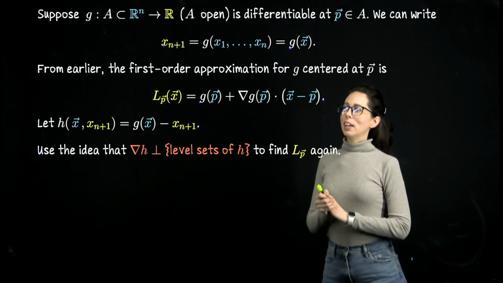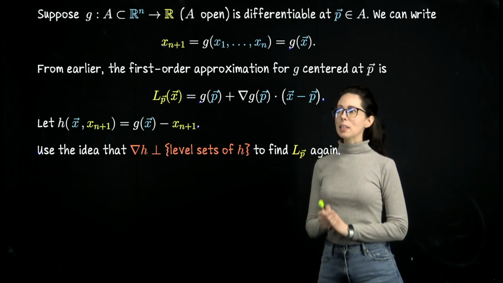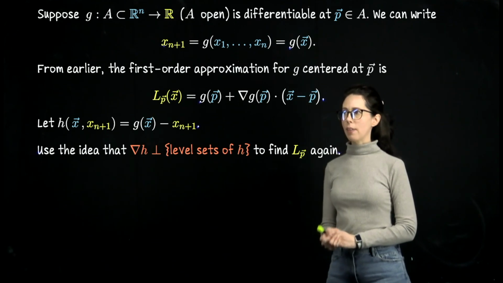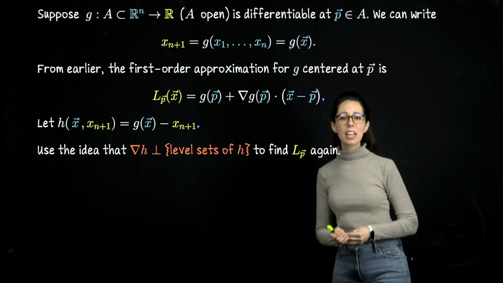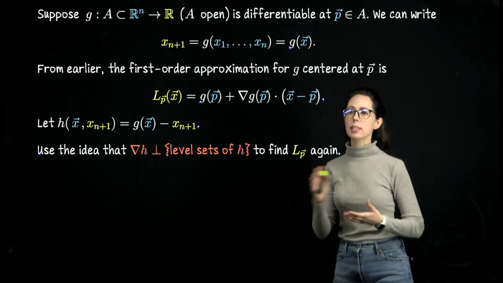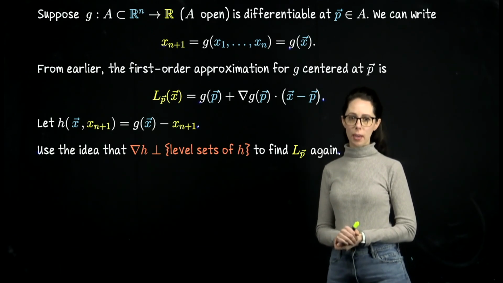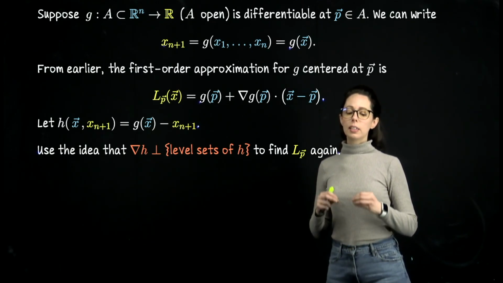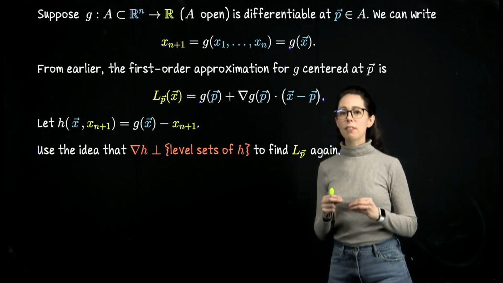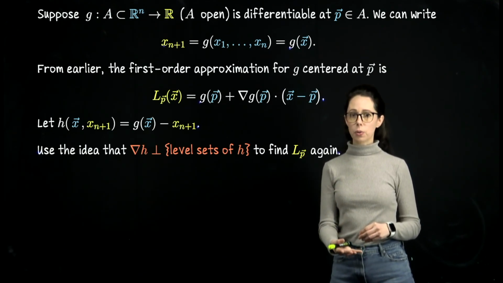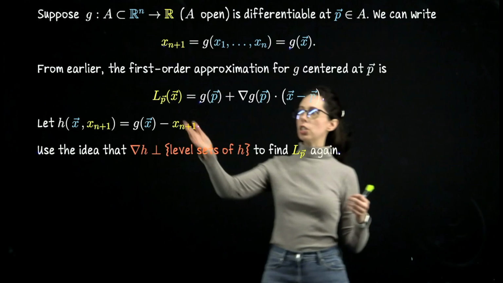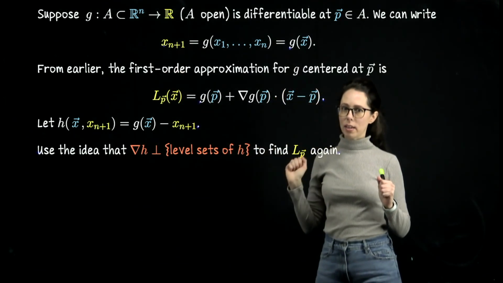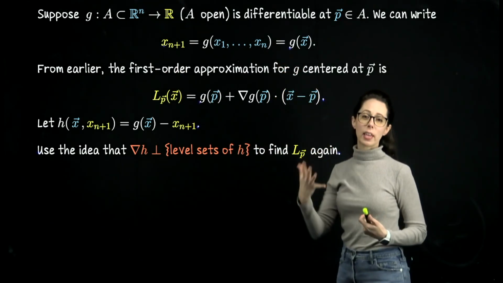Okay. What we are going to do is imagine first that we have a scalar valued function of n variables, which is differentiable at some point in its domain, call that point P. G here is a function of n variables, which is scalar valued. I've written this general notation that x sub n plus 1 equals g of x is how we can think of this function.